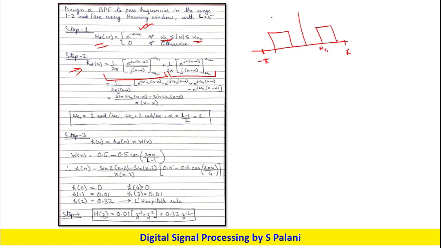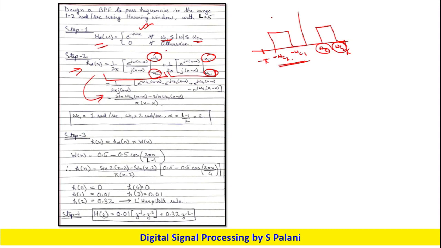So this is omega c1, omega c2. So this is minus of omega c1, minus of omega c2. So when we are putting the integral omega c2 to omega c1, then omega c1 to omega c2. Okay, clear? Then just solve it.